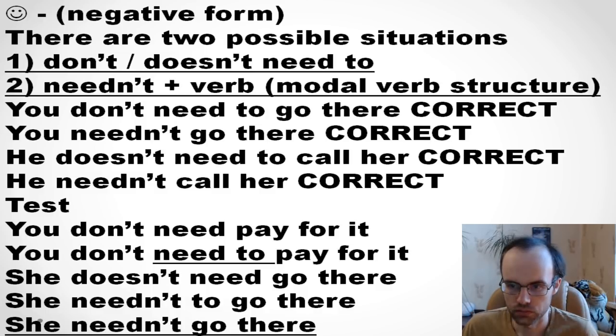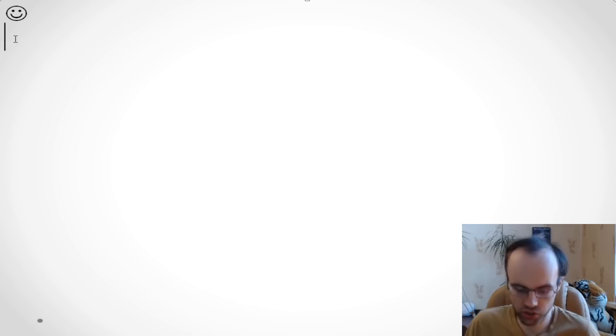Correct. You needn't go there. Correct. He doesn't need to call her. Correct. He needn't call her. Correct. You don't need to pay for it. Okay. Maybe you want to ask a special question.